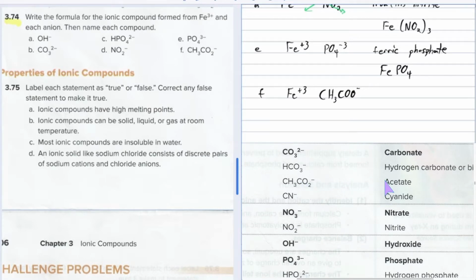Pretty common, related to acetic acid, by the way, which comes from vinegar. And so this will be called iron 3 acetate. And then the formula, one of these iron 3s, 3 of those acetates, Fe(CH3COO)3.